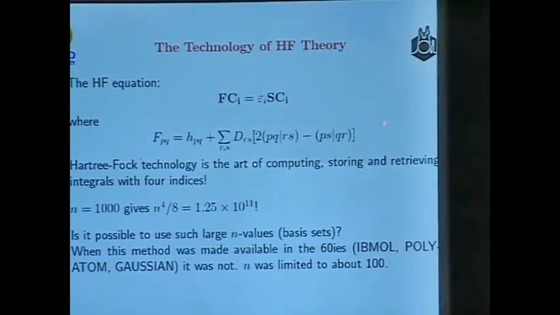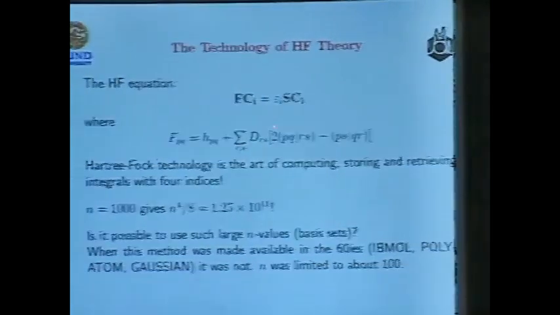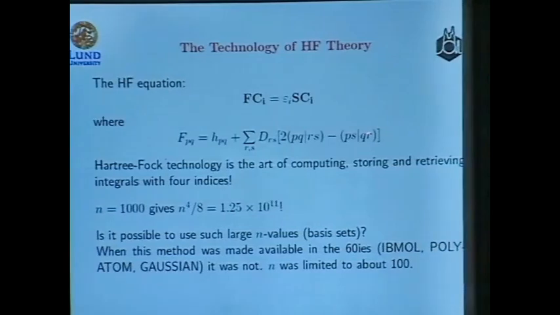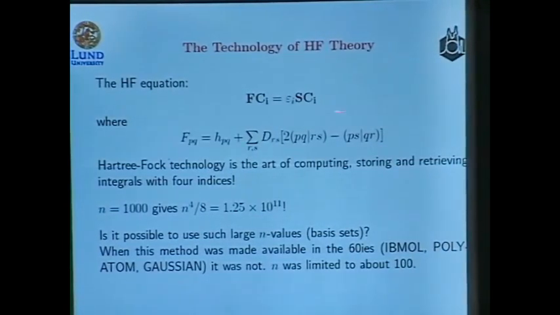And this describes the interaction between the electrons in the so-called mean field approximation of Hartree-Fock. And as you can see, these are four-index quantities. And this is the whole problem of Hartree-Fock, to handle these numbers.